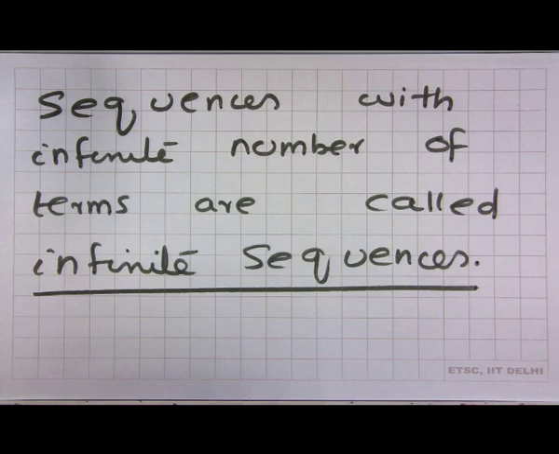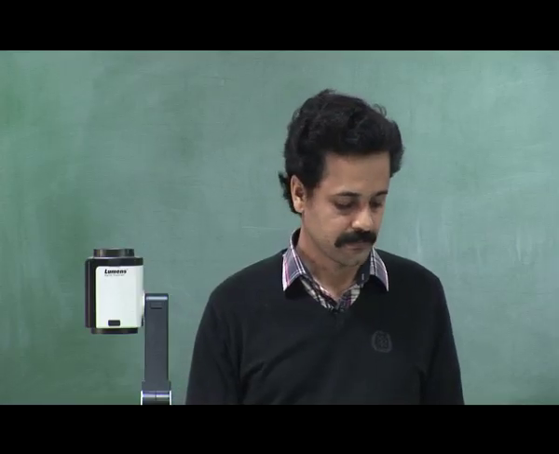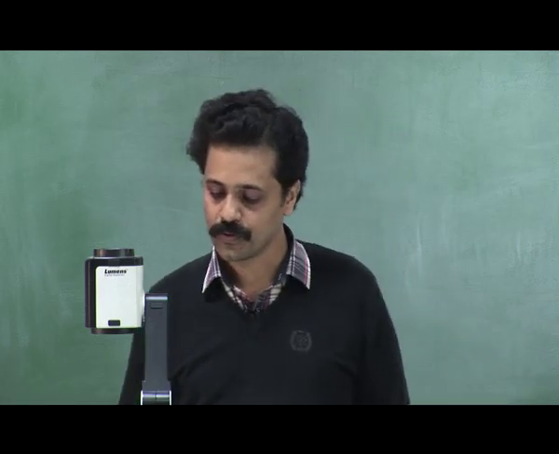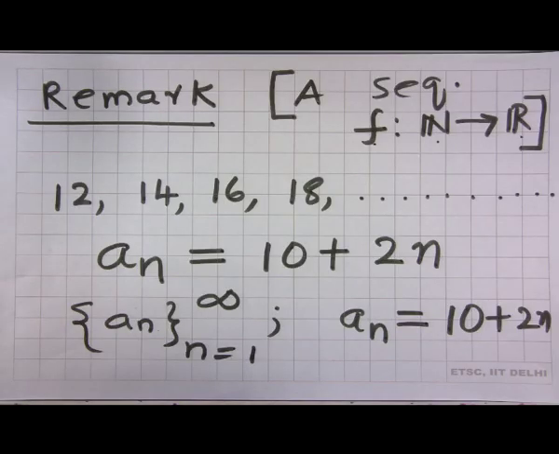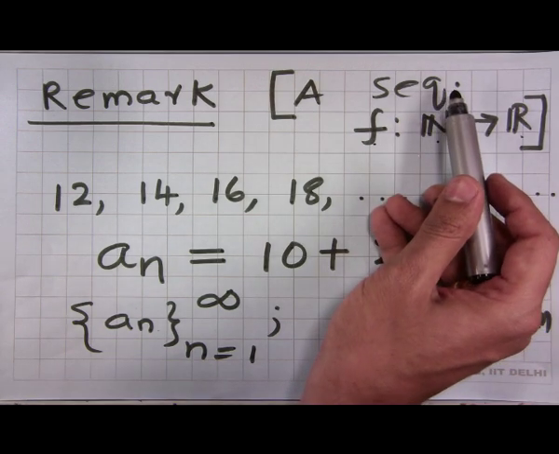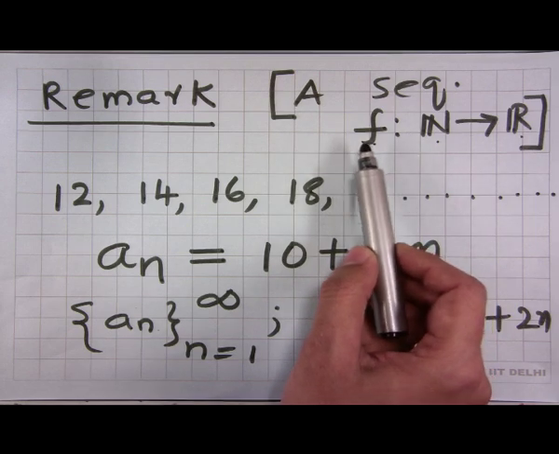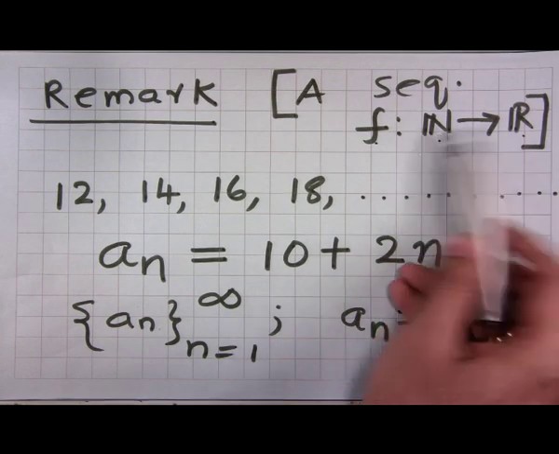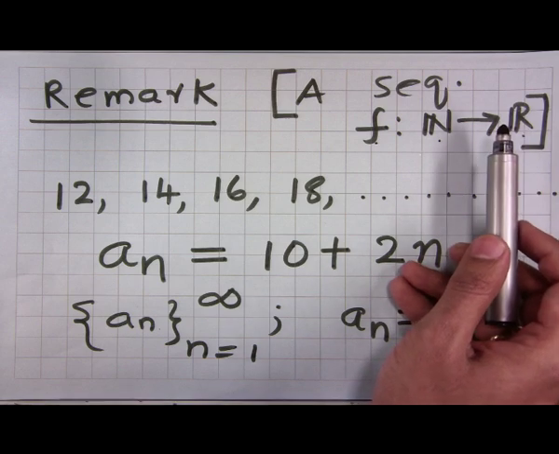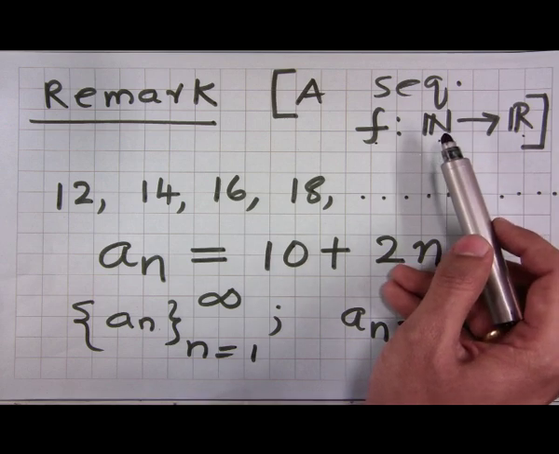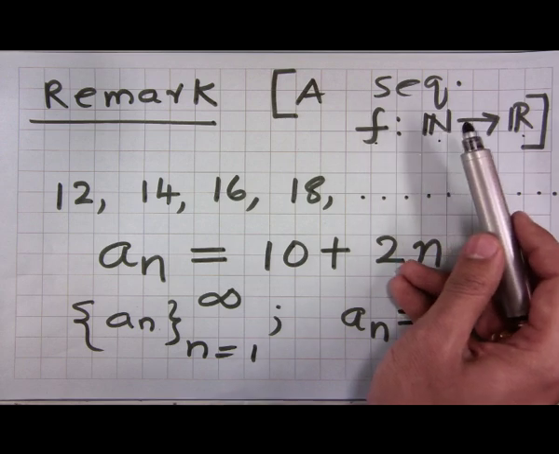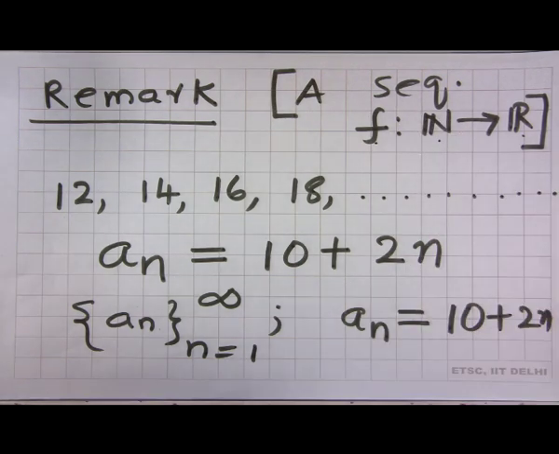Going back to the formal definition, since we have to also incorporate sequences with a finite number of terms, a sequence may be defined as a function from the set of natural numbers to R, or from a finite subset of natural numbers 1, 2, 3, etc. up to k to R. Let me write it here.